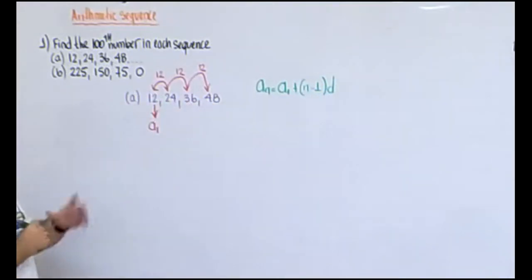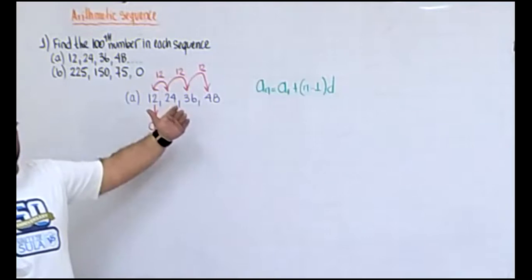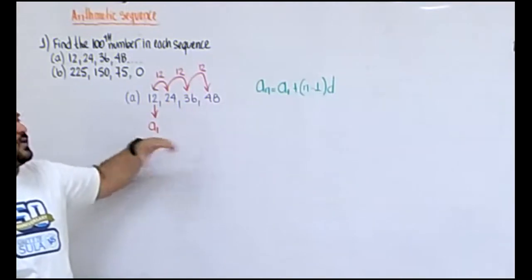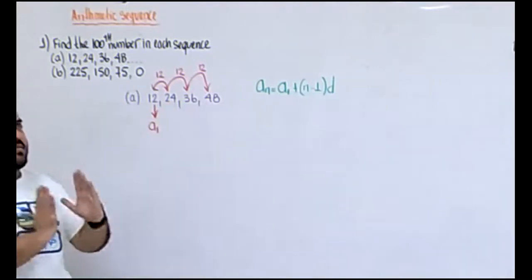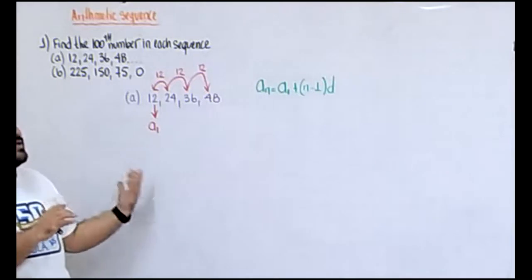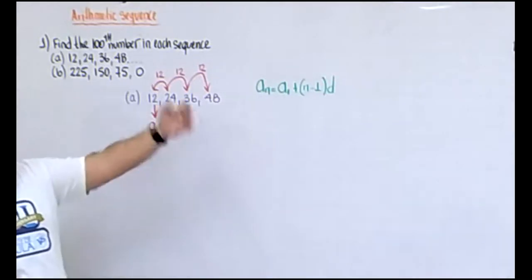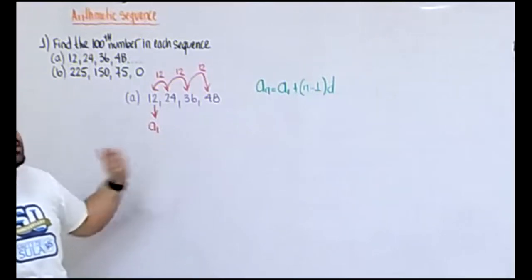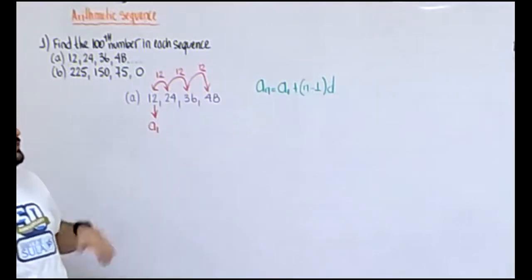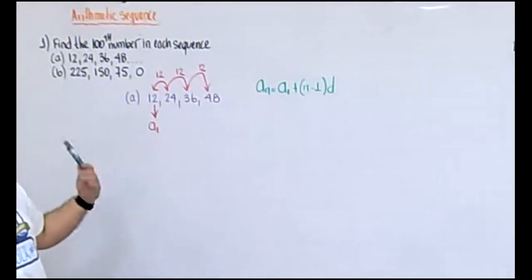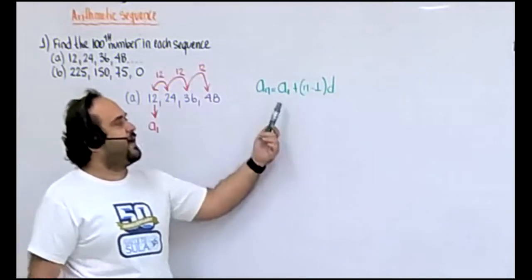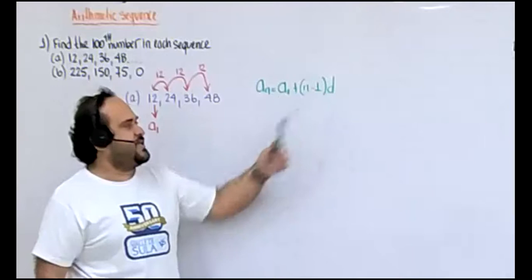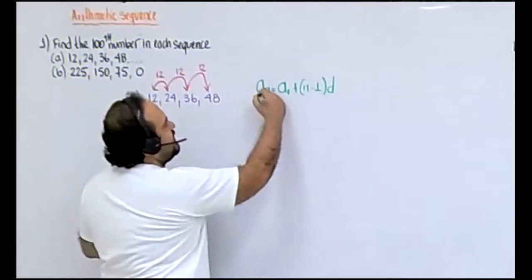Now, first of all, we want to create the algebraic expression. Remember, an algebraic expression is the union of numbers, variables, and mathematical operations, such as addition, subtraction, product. First of all, we're going to replace the values of A1 and d. Give me a hand.